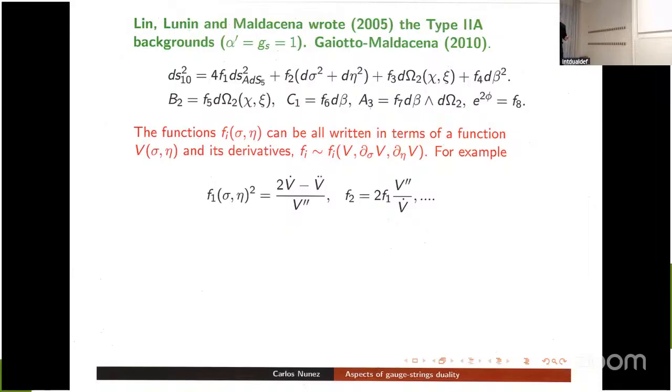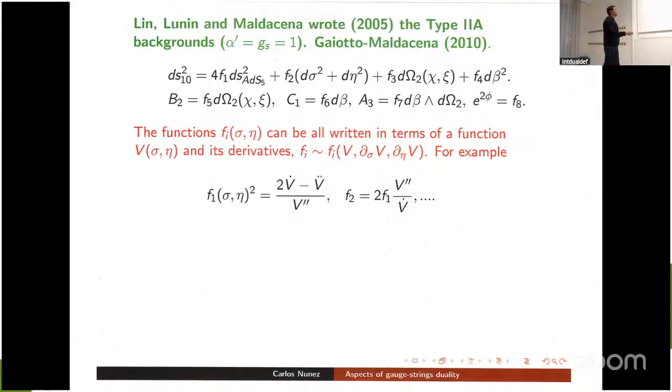But the following interesting miracle happens here and happens in all the dimensions. If you start operating with these equations, putting one equation into the other, solving for one of the functions, you are able, in the end, to show that all these functions from F1 to F8 can be solved in terms of one single function and its derivatives.